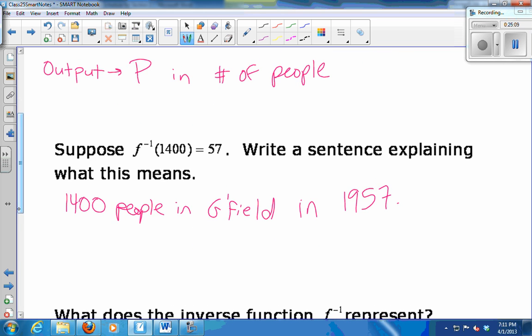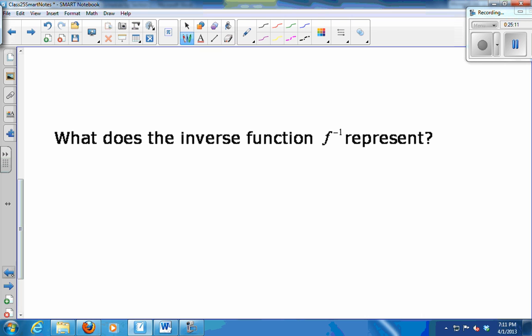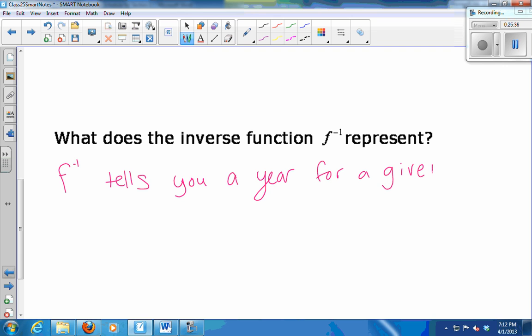All right, so the inverse function in general tells you the year in which the population was a certain size. So F inverse tells you a year for a given population size.